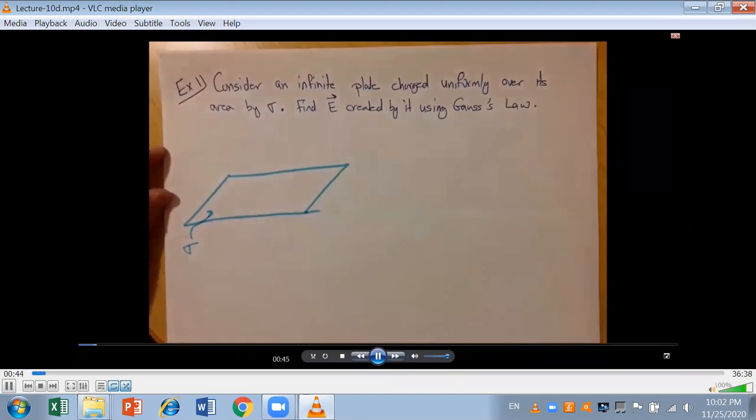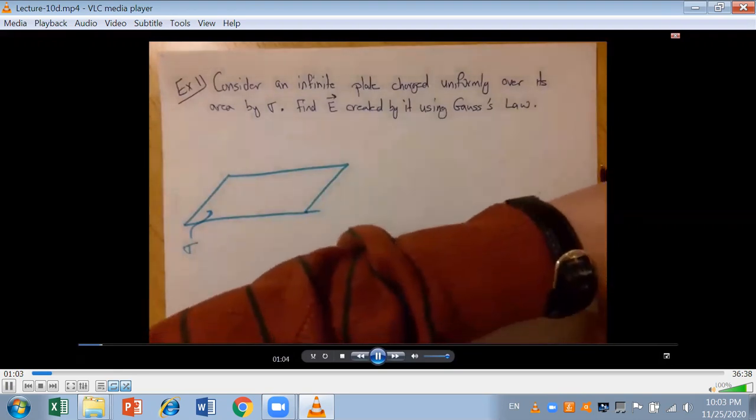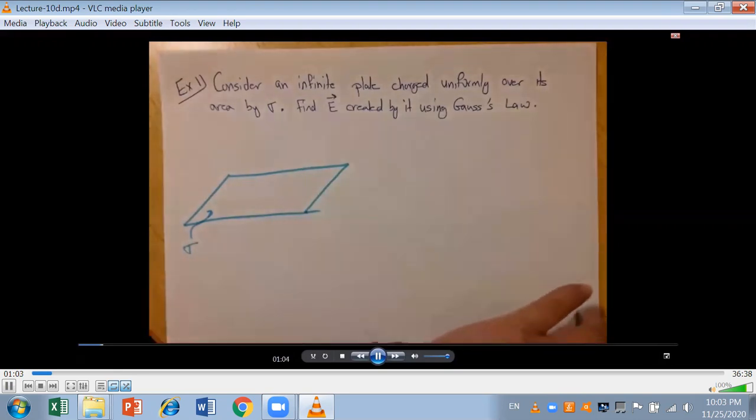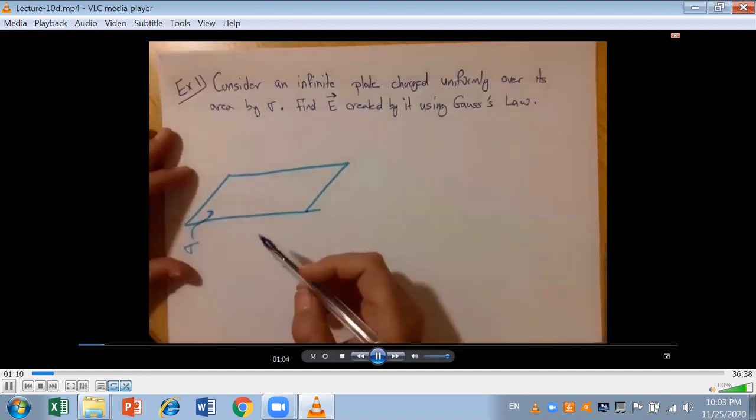As we said, plane symmetry is like the cylinder, where we know the direction is perpendicular to the axis of the cylinder, or the charge load away or towards depending on sign. The same for spherical, we know it's radially inward or outward. Here, in plane symmetry, we know that the electric field is directed perpendicular to the plate, either away or towards.